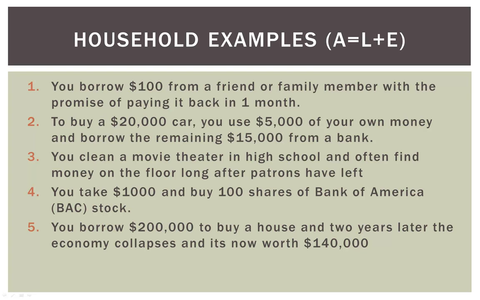So that reduces the asset side of the equation to $15,000. You basically transferred one of your assets, cash, for another, which is part of the car. Now $20,000 minus $5,000 is $15,000, so you have a $15,000 asset on the left. And now on the right-hand side, you have a $15,000 liability, which is the loan from the bank. So that balances out.